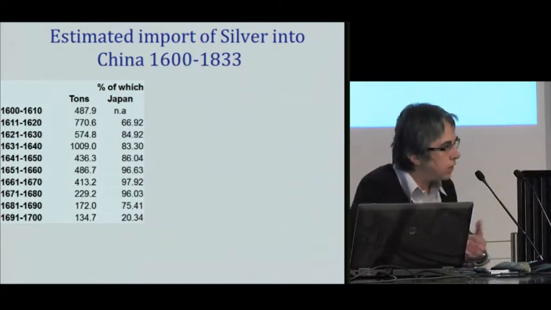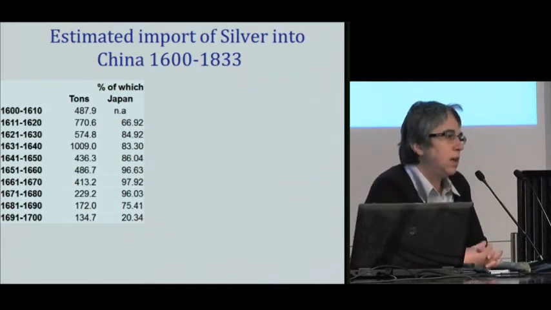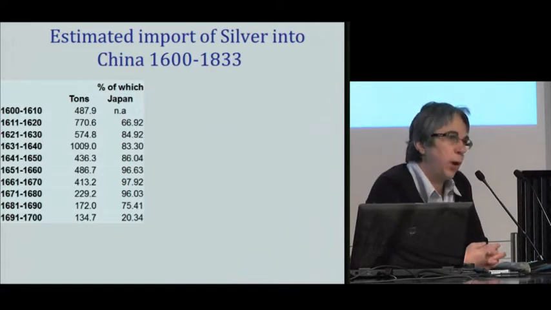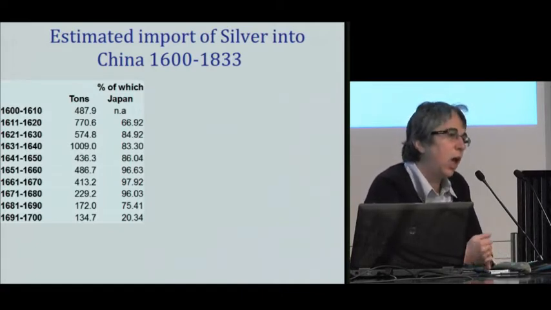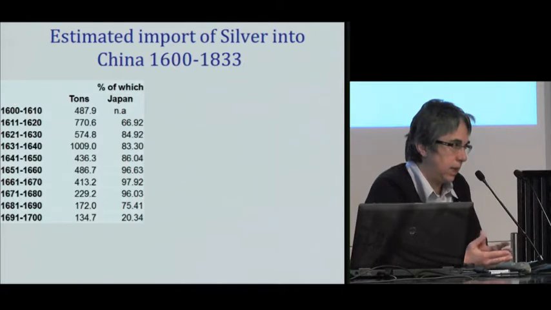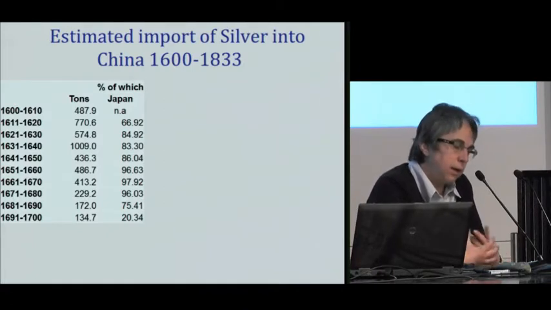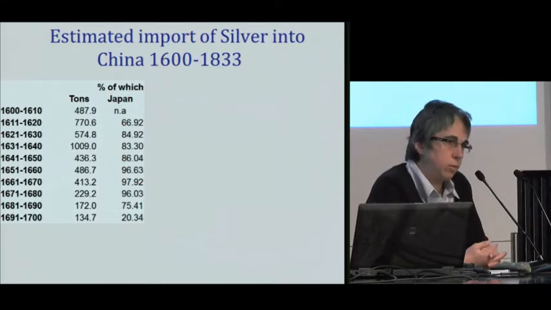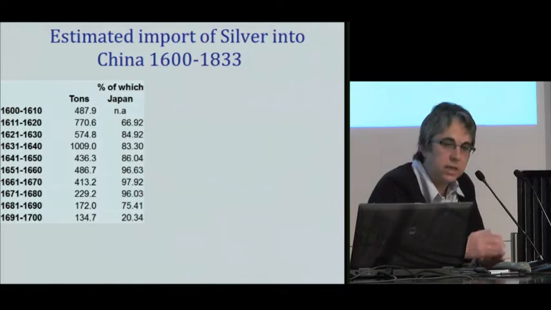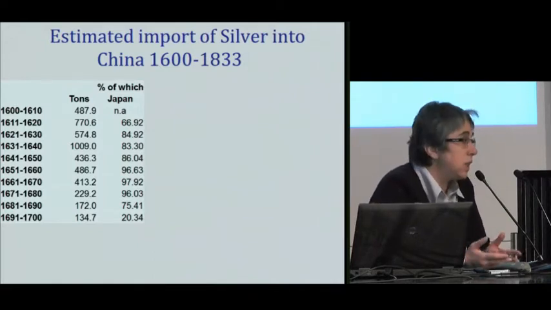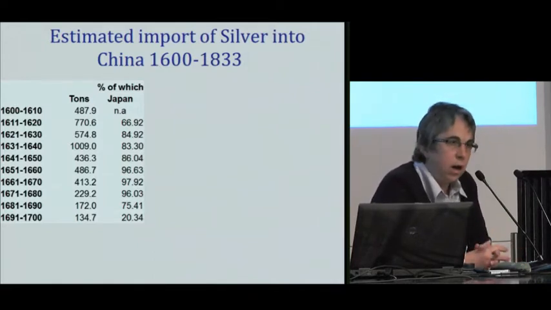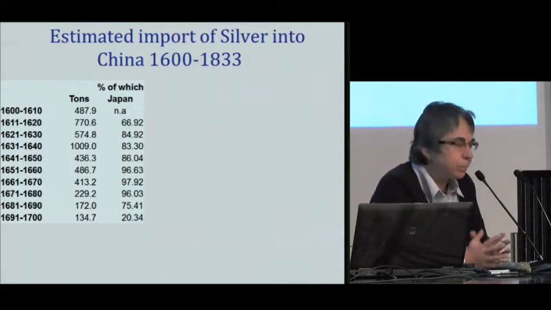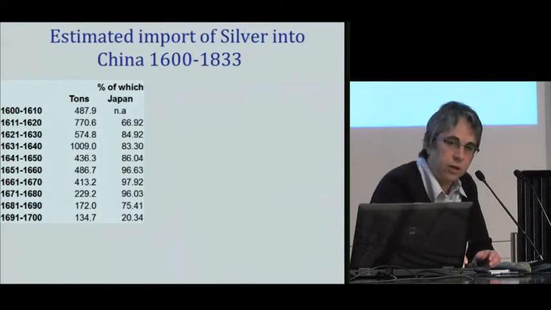So these are contradictory trends. I decided to put together the data about silver and silver imports into China, exports outside Spanish America, and the intermediaries. And again, as a summary, we know that in the 17th century, Japan was the main provider of silver to China up to the 1680s, and you can see there, this is aggregated data for a decade period, and that is the progression.